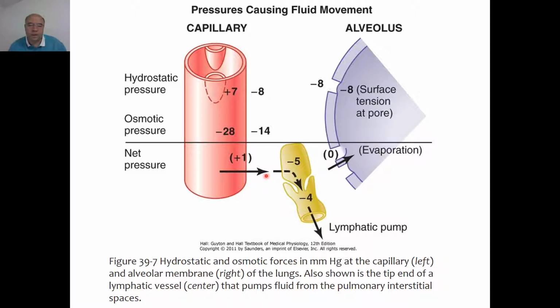So altogether 29 towards outside, so this will cause fluid leakage into the interstitium all the time, and then this excess fluid leaking into the interstitium, some of it will be evaporated from the alveoli, and the rest will be removed away by the lymphatic pump of the lung tissue interstitium. Okay.